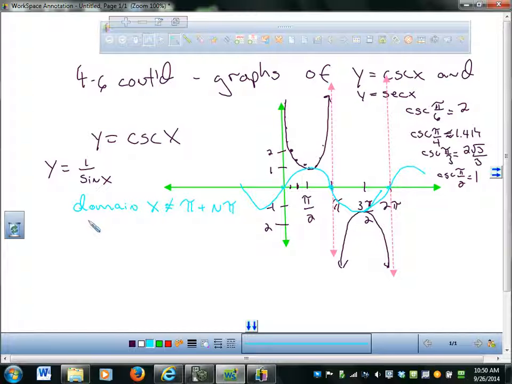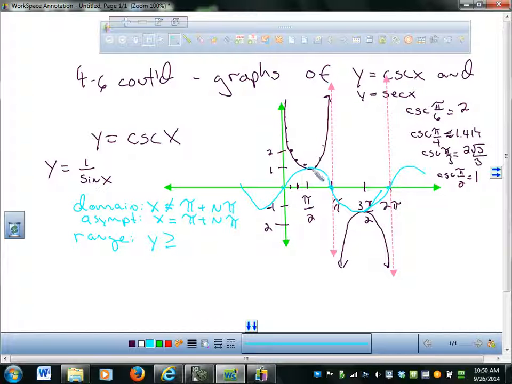Let's talk about the asymptotes. Asymptotes are exactly the same, except instead of a not-equal sign, I have an equal sign: x equals pi plus n times pi. And the range is y is greater than or equal to something.